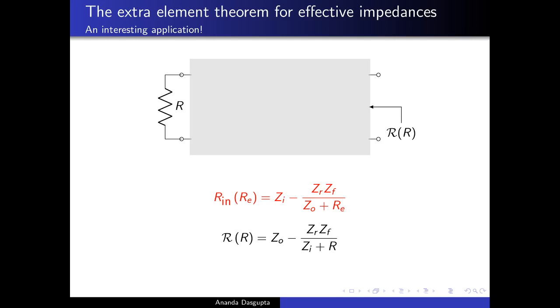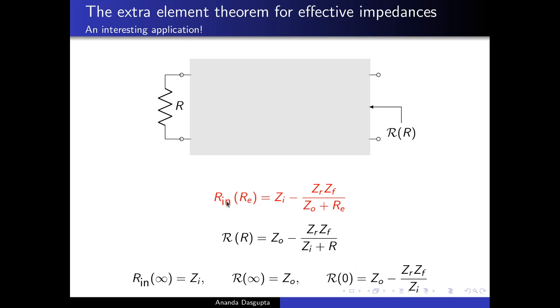So the curly R at infinity is simply going to be Zo. Well, what is Rin at infinity when you have an open output, and what is the input impedance? The answer is Zi. So, of course, Zo and Zi are just interchanges of each other once again.